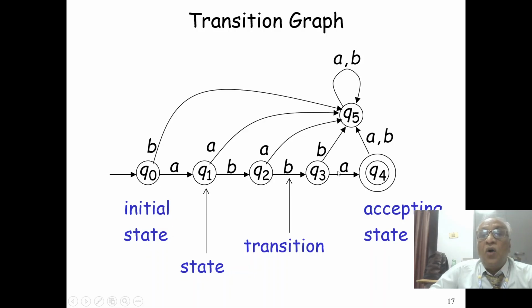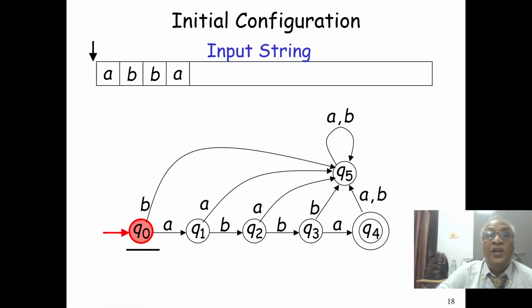Among them, the state Q4 with a double circle is a special state called an accepting state. Now there is a state change from Q0 to Q1 upon input A, from Q1 to Q5 upon input A, from Q1 to Q2 upon input B, like that. So transition of state is occurring.